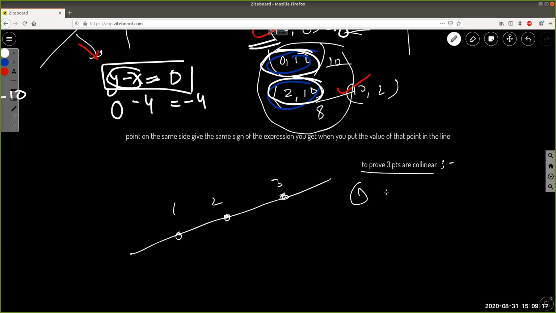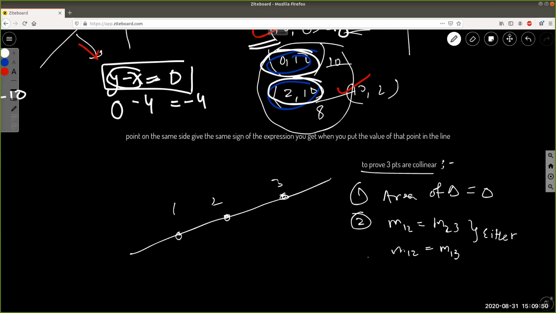Yeah, first thing you can do, the area formed by 3 points is 0. Next thing? The slope would be equal. m of 1,2 is equal to m of 2,3. You can also do m of 1,2 is equal to m of 1,3. Either of these.